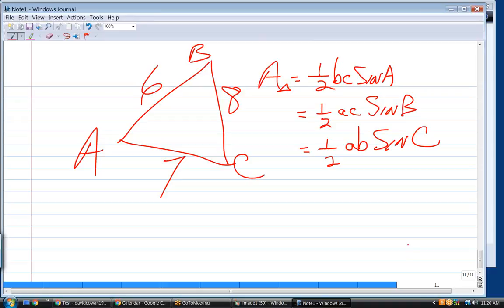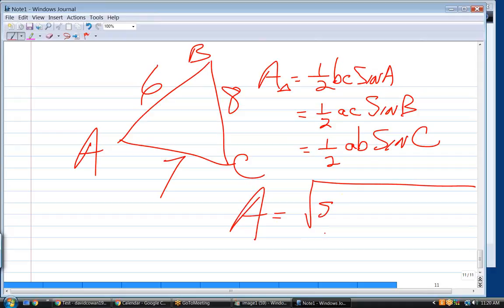There is something called Heron's formula that applies when you have side, side, side, and you want to know the area of that triangle. I'll just run it by you to see whether you've had it or not. It's a little different.